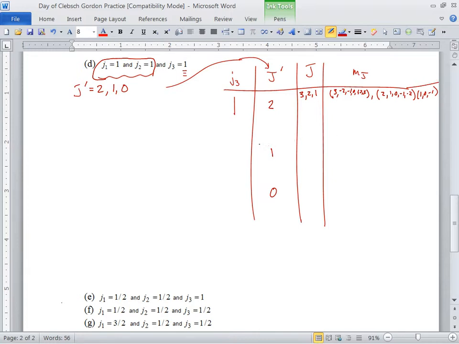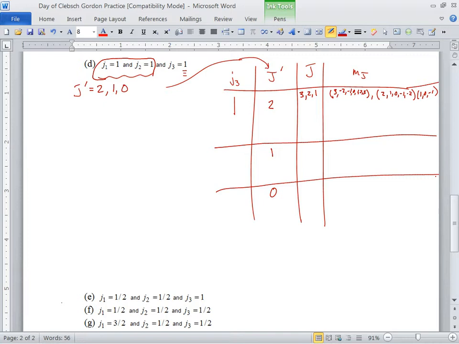Now write the M sub j's for j equals 2 and for j equals 1. Now you go on to the next one.